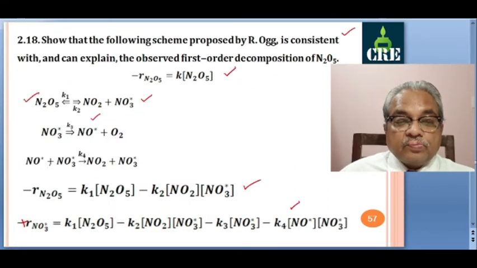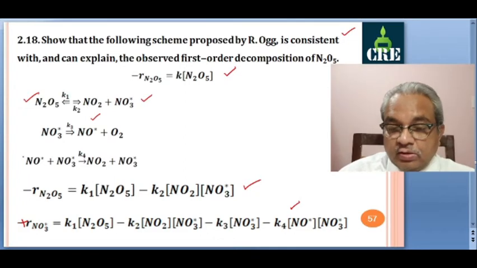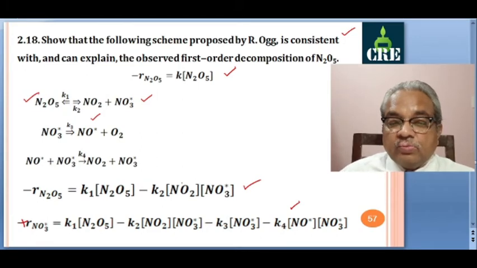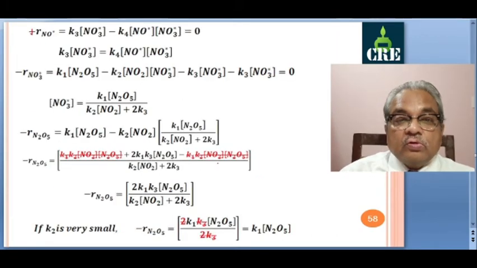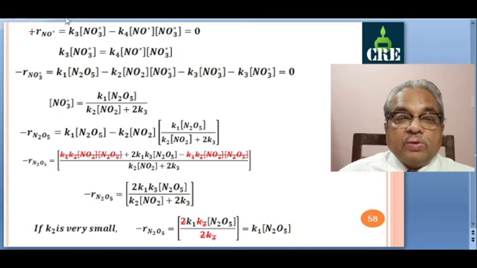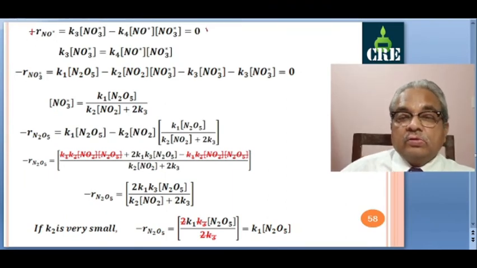K3 NO star, NO is formed here. K4 NO star, that is disappearing here. Whereas NO3 is disappearing in both the reactions, so minus sign for K3 and K4. So here plus sign for K3 where it is formed and minus sign for K4 where it is disappearing. So net rate of formation is 0.